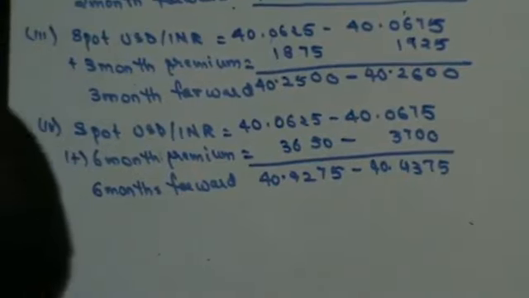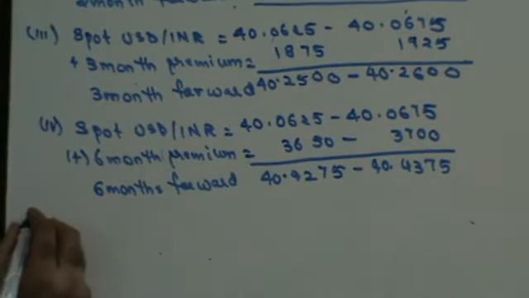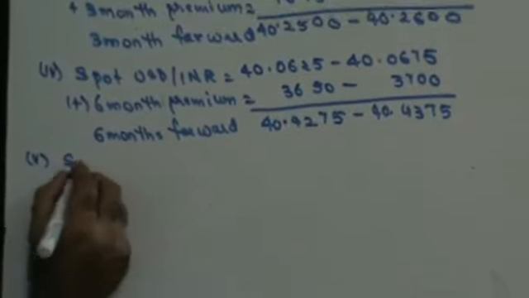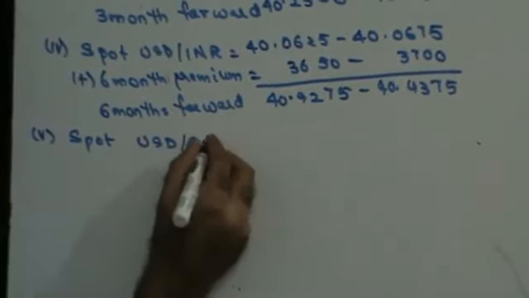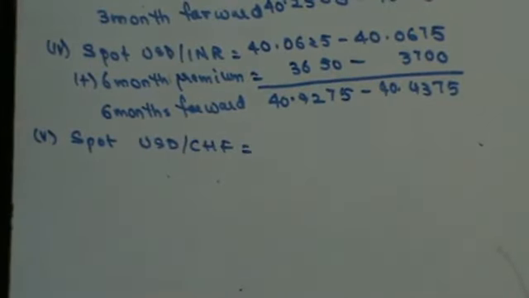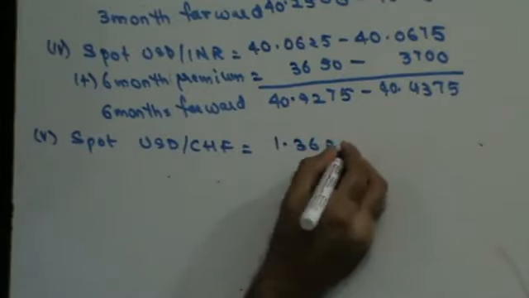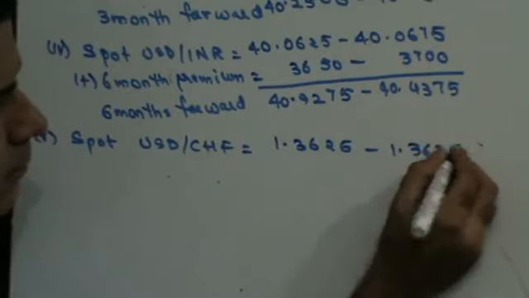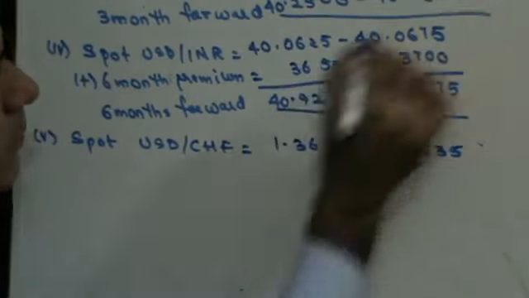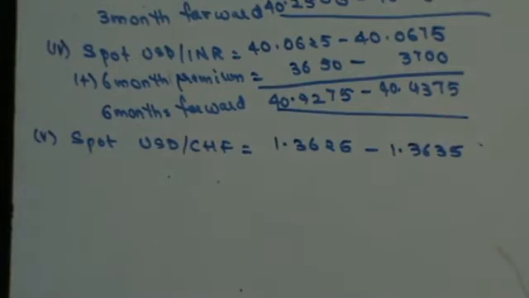Next, they've asked me to find out forward rates for USD CHF. Spot USD CHF is given to you as 1.3625, 1.3635. If you look at the forward points here, the swap points are in descending order. If they are in descending order, that means it is discount.